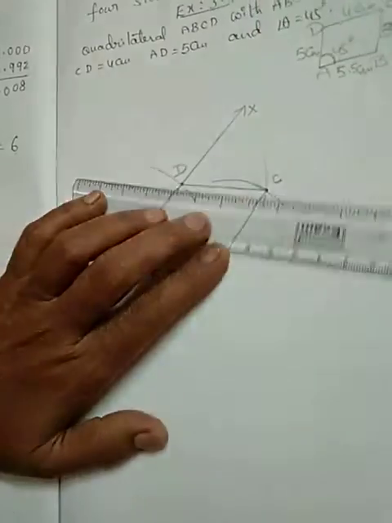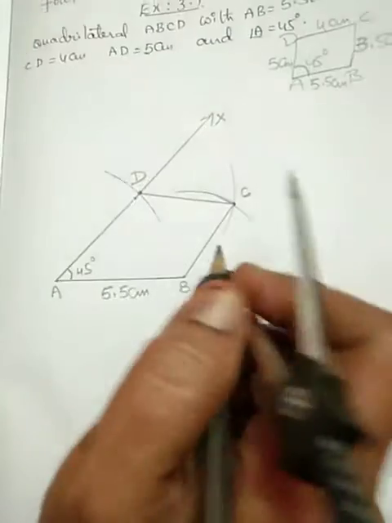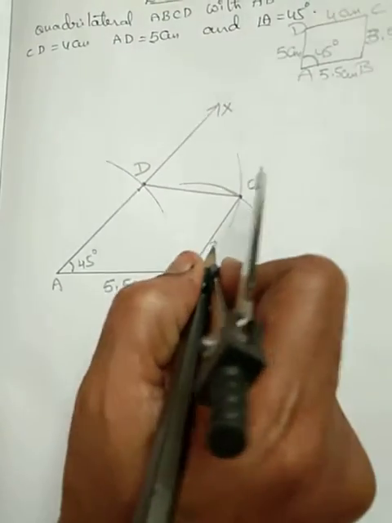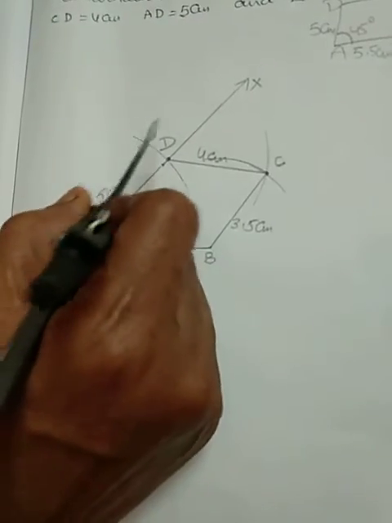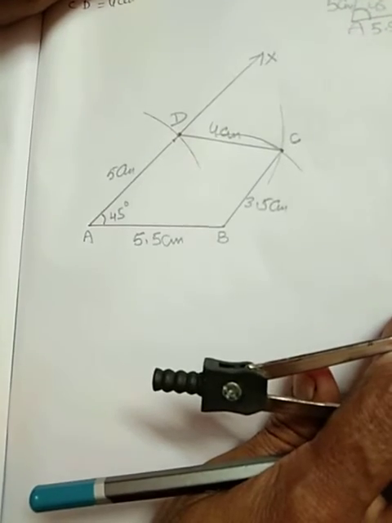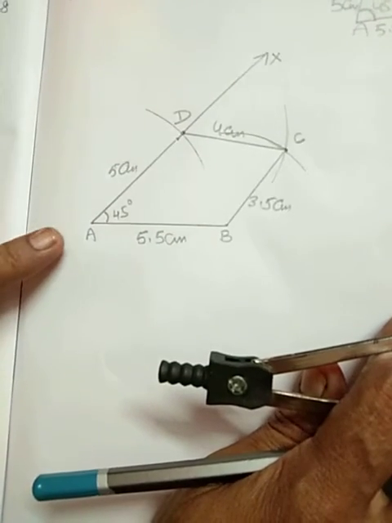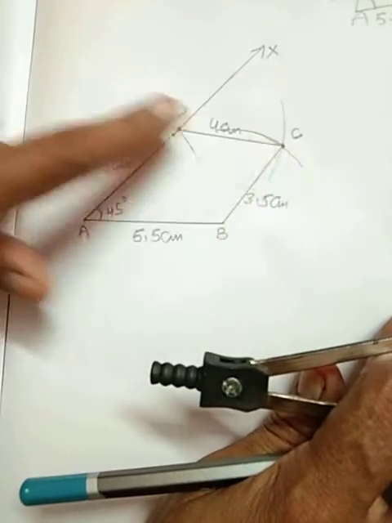Write the measurements here: 3.5 centimeters, 4 centimeters, and 5 centimeters. So this is our required quadrilateral ABCD.